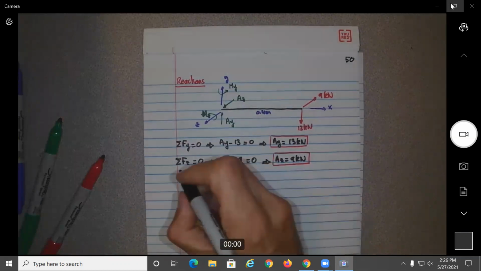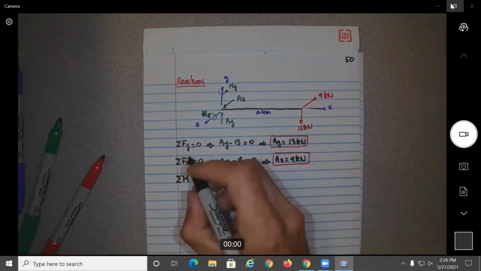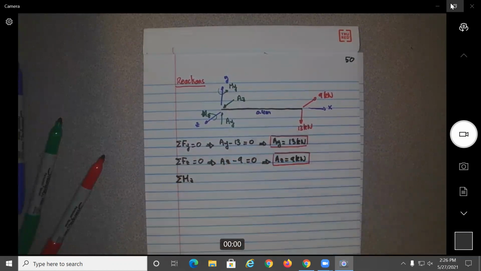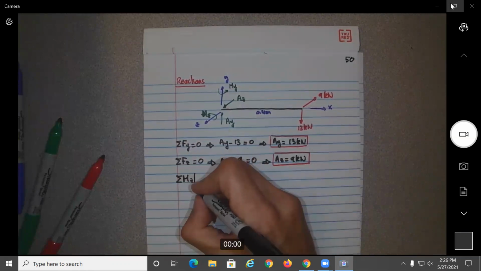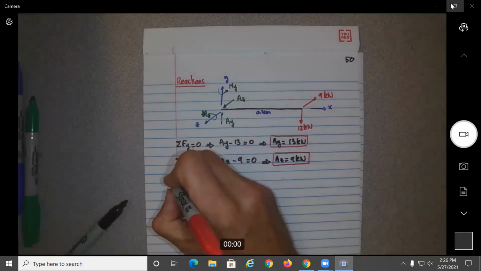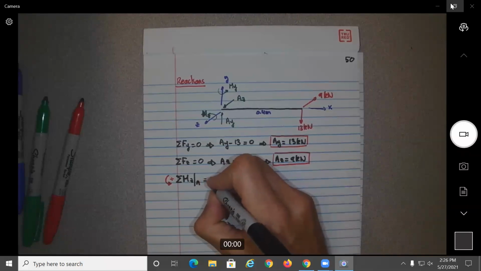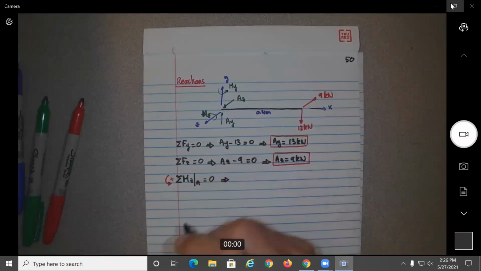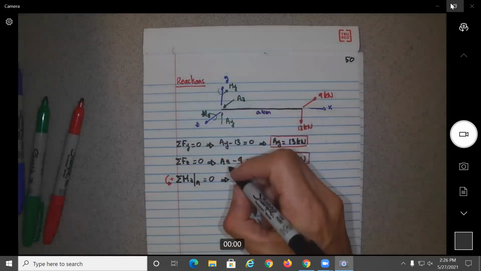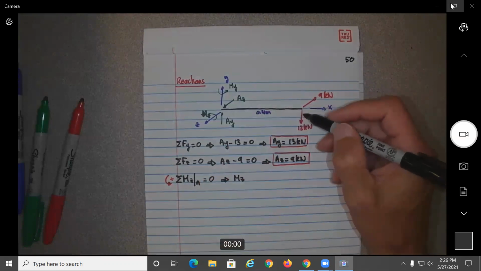Okay, now we need to be a bit careful. Next thing we're going to do is take the moments about Z. So it's the moment about Z, but at point A. So it will be the origin. Counterclockwise positive. So what's that going to give us? M sub Z. What is creating the moment about the Z?